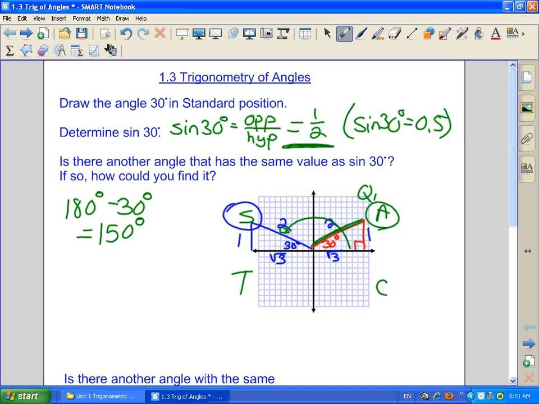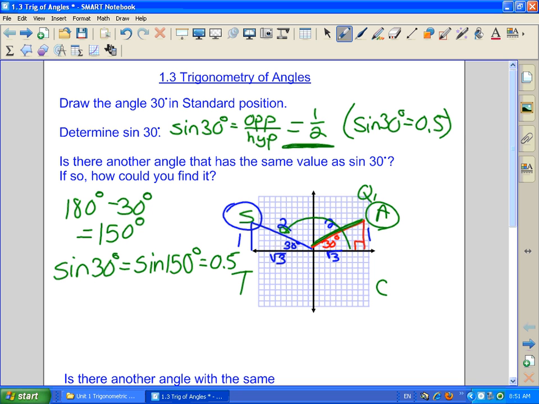If you plug that in your calculator and go sine of 150 degrees, you will in fact get the same answer. So sine of 30 degrees equals the sine of 150 degrees, and using your calculator, they both equal 0.5. And again, you've got the special triangle to prove it there.